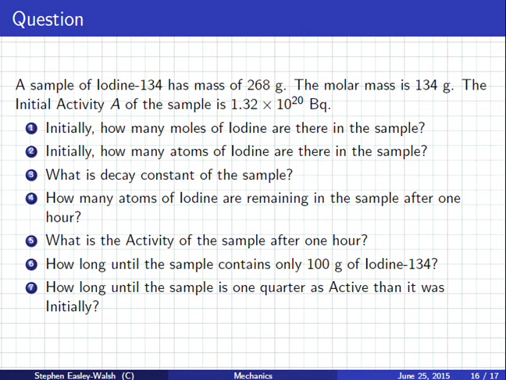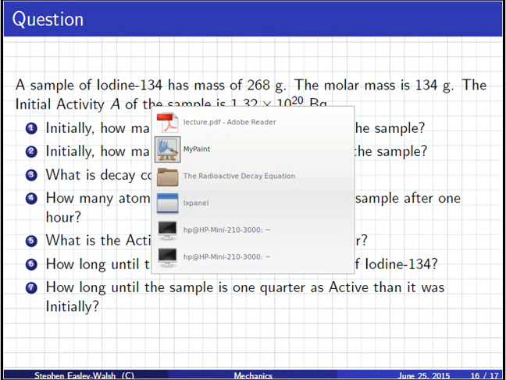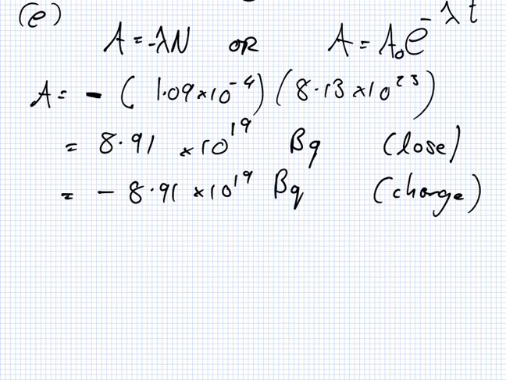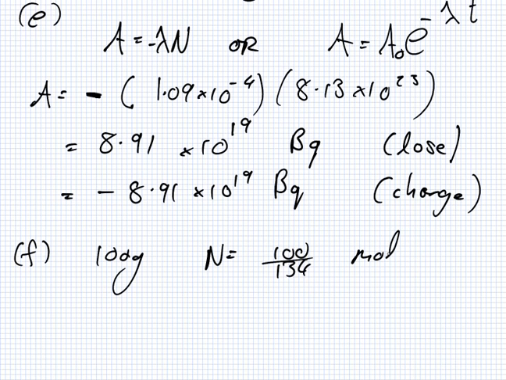How long until you have 100 grams of iodine? So how many grams do you have at the start? 268. Okay, so what I want to do first is change 100 grams into atoms. So how many moles is this? What did I say 1 mole was? 134, wasn't it? So 100 over 134 moles. What's that?